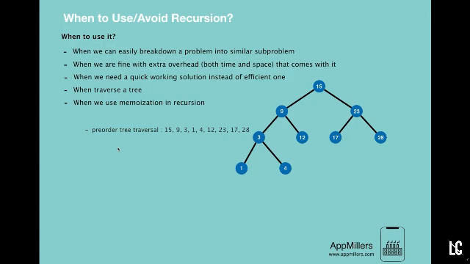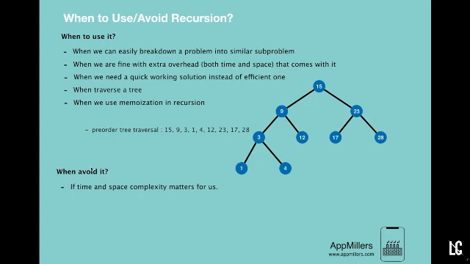So here we can easily say that when we face the reverse case of the cases we mentioned here, we cannot use recursion. If we cannot divide our problem into similar subproblems, this means that recursion cannot be used. And if time and space complexity matter for us, then recursion is not advisable.